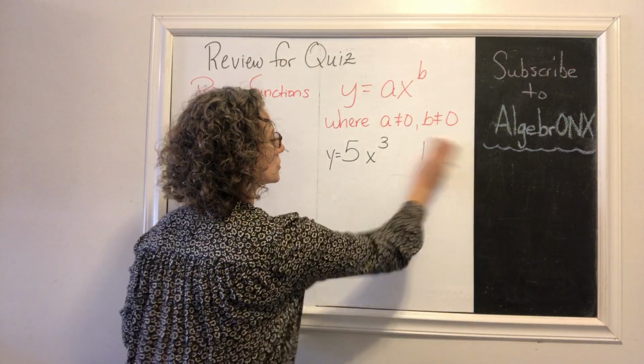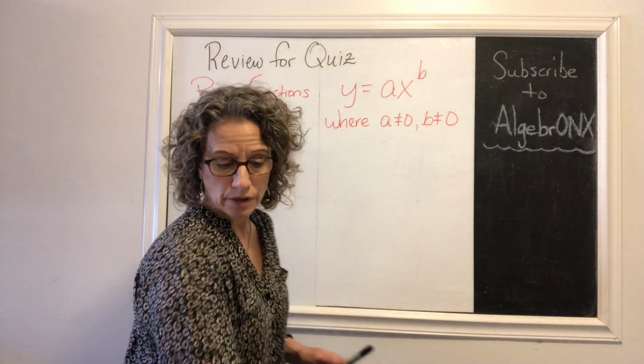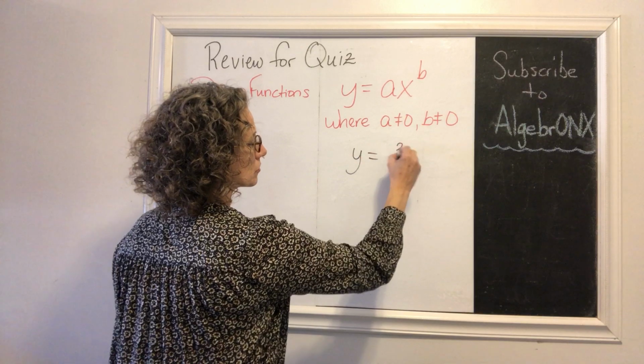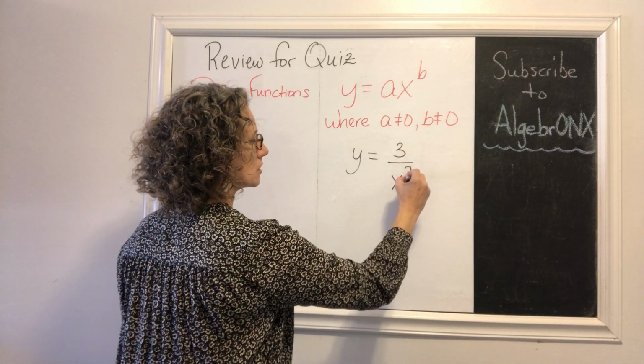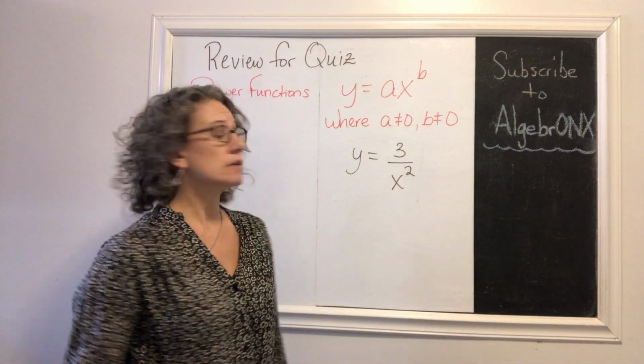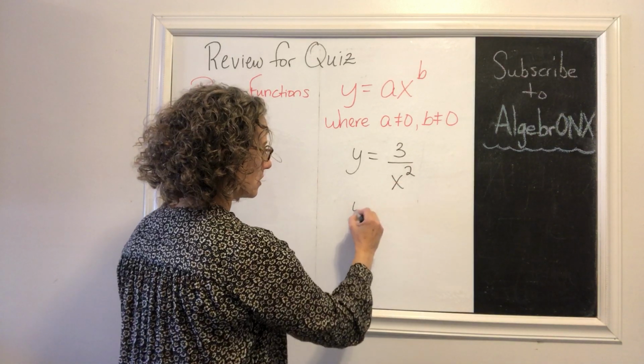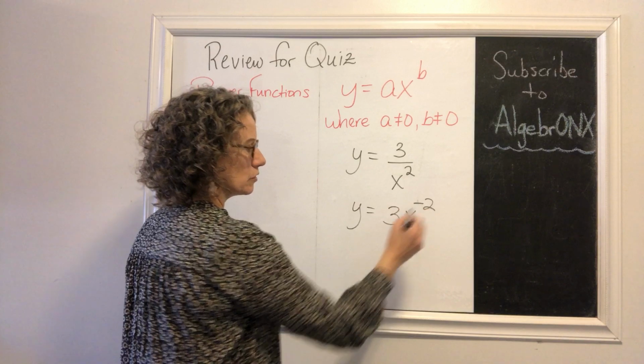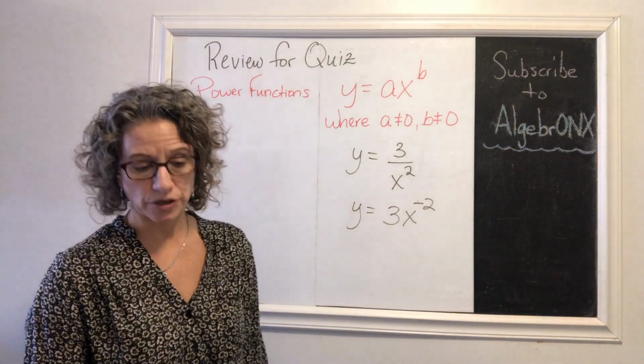Another power function would be anything with, say, y equals 3 over x to the second power. I can rewrite this, bringing the x to the numerator and making the exponent negative, and that's still a power function.